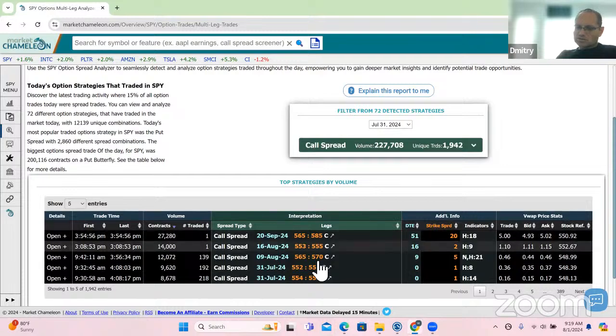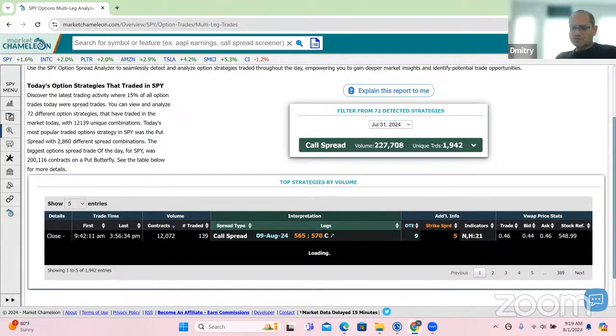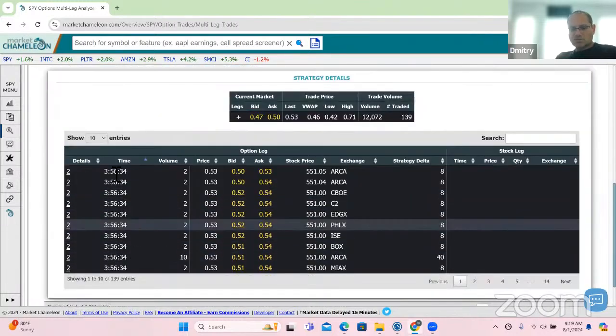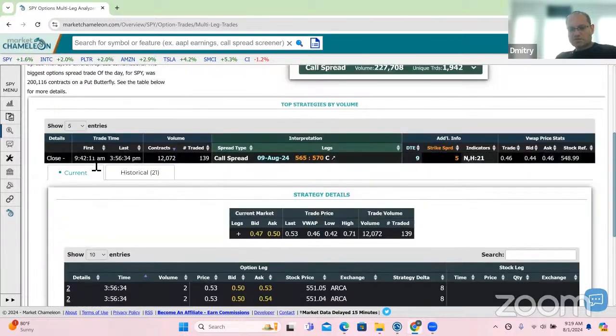Look at this one, August 9th expiration, 565, 570 strike. Now that's a unique combination as well, but you could see that spread traded 139 different times yesterday. So if we open that up, let's get the details. So here are the timestamps of this trade. You can see here a lot happened at 356.34, but some traded at 942 as well.